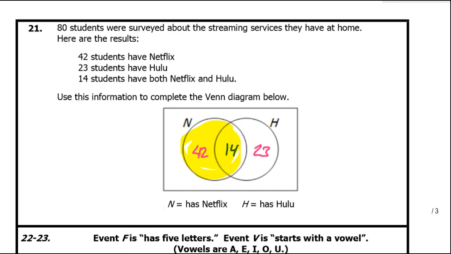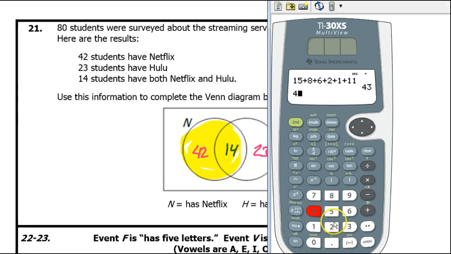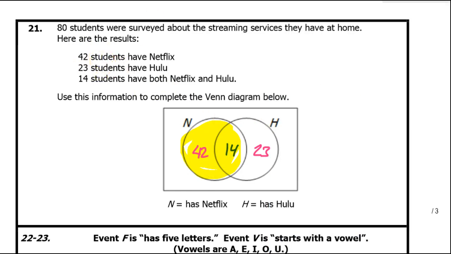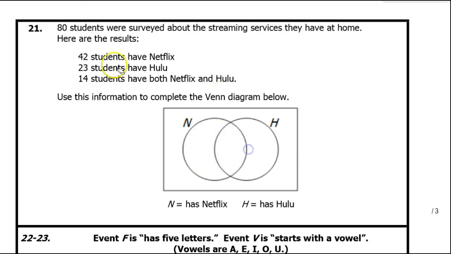So according to this messed up diagram, Netflix has 42 plus 14, which is 56. Well, what I mean to say is there are 56 students that have Netflix. And that's too many.